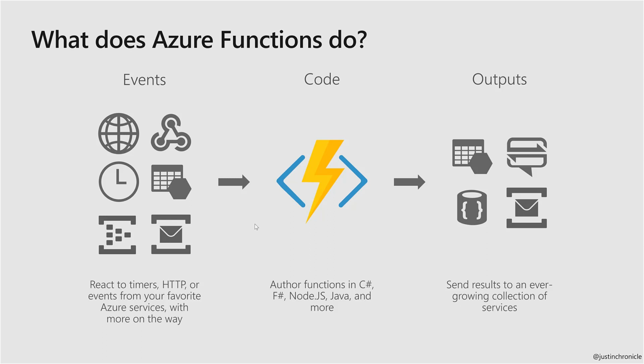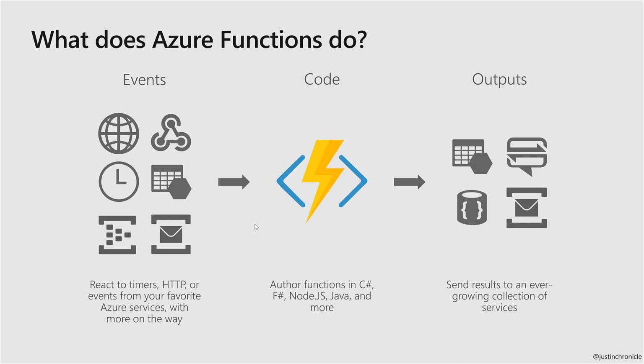And those act as an input, then we write the code side. We can write the code in any language such as C#, F#, JavaScript, Java, Python. Nowadays, I think this morning, Microsoft announced that we are supporting PowerShell. So we only do the coding part.